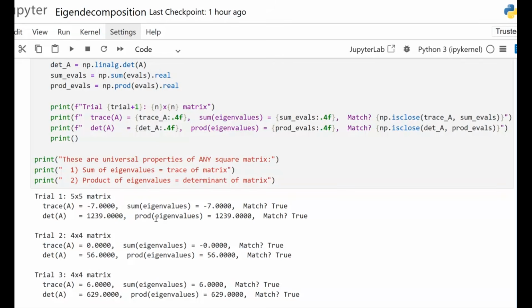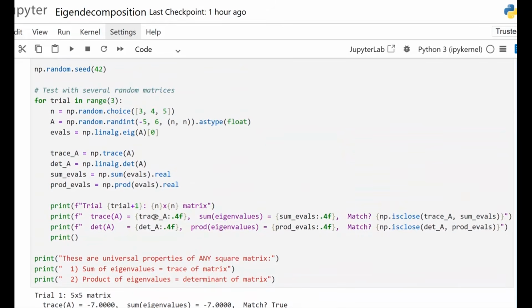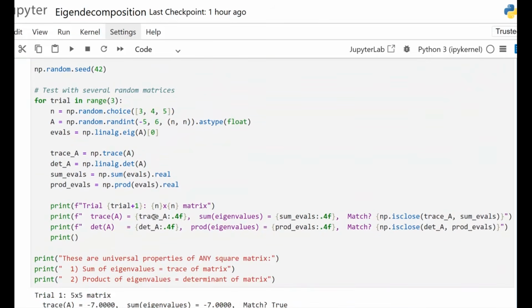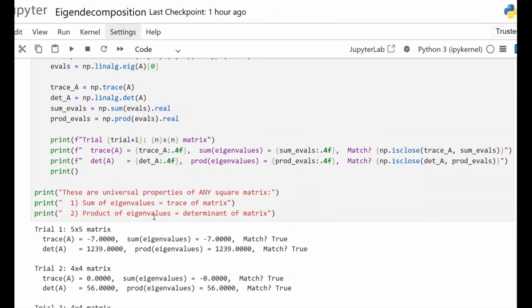The script confirms experimentally that trace equals the sum of eigenvalues, and determinant equals the product of eigenvalues. So these are not coincidences but structural invariants derived from the characteristic polynomial, and they remain valid across all square matrices regardless of symmetry or diagonalizability.